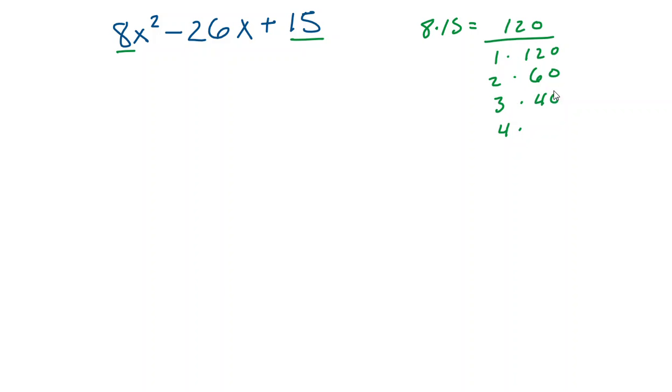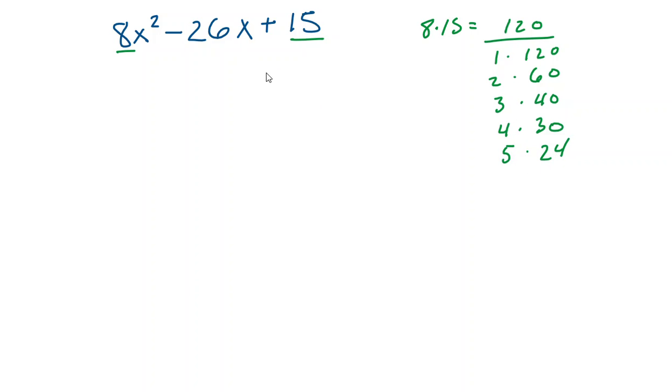Now, instead of doing 120 divided by 4, I'm just saying 2 times 60 is 120. Half of 60 would be 30, so 4 times 30 is 120. Okay, now I'm going to do 5. 5 doesn't go in there, so there's no easy way to do that. 5 plus 24 is 29, so we're getting close.